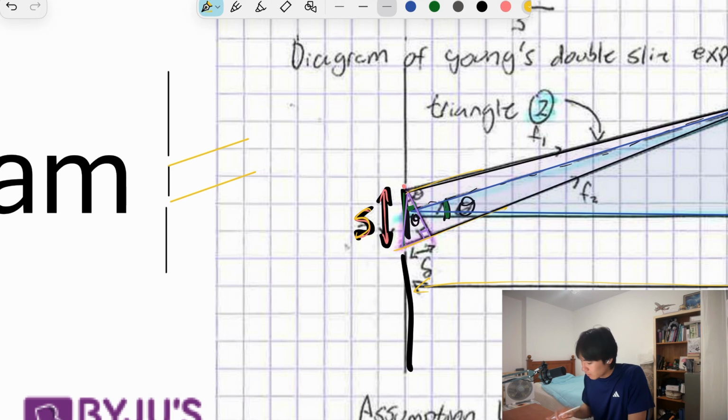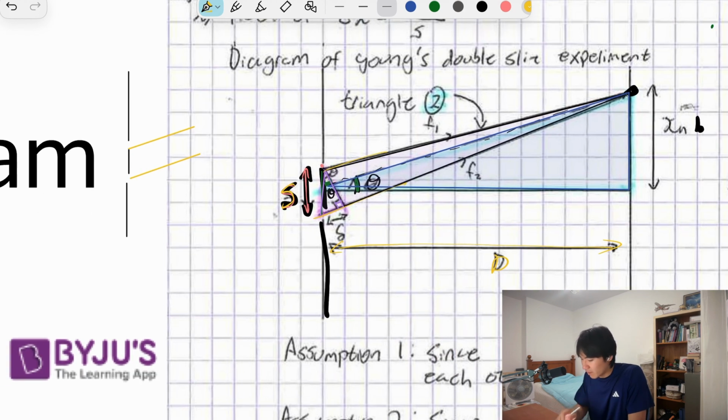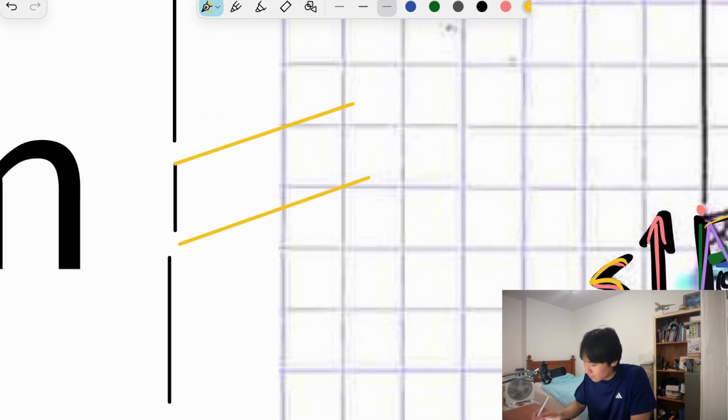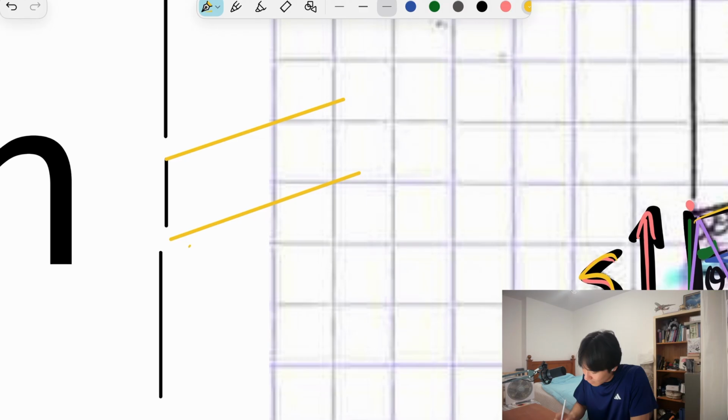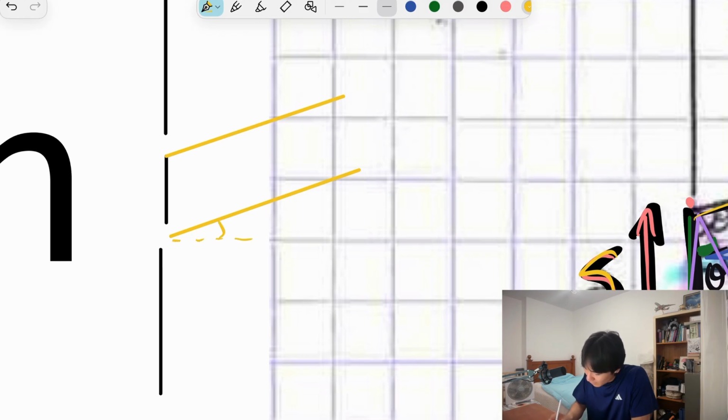And if you really, really zoom into the slits, the two rays are basically going to look parallel, right? And they're going to share probably the same angle here, theta and theta.